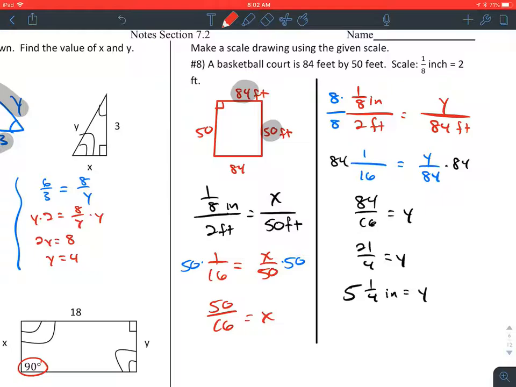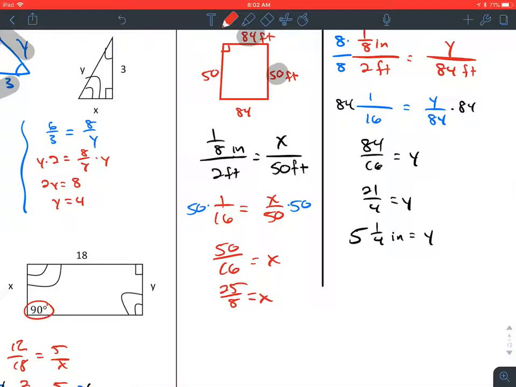We can divide the top and bottom of this by 2 and get 25 over 8 equals x. As a mixed number, once again, don't ever use mixed numbers unless you're using a ruler or you're cooking in the kitchen. This goes 3 times evenly, and there's 1 left over. So using your ruler, you'd make a rectangle that's 5 1/4 inch by 3 1/8 inch.